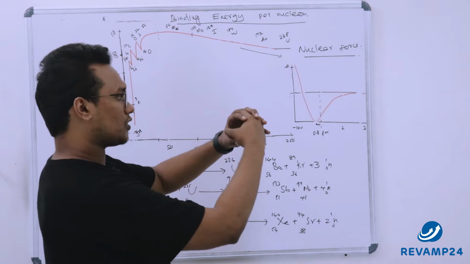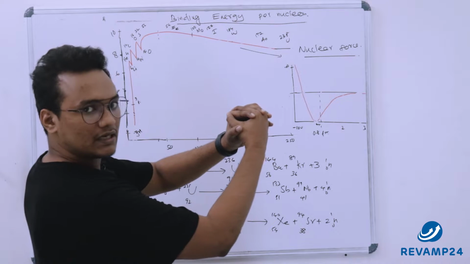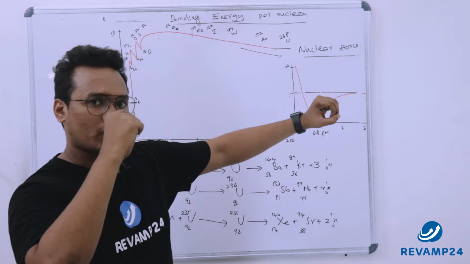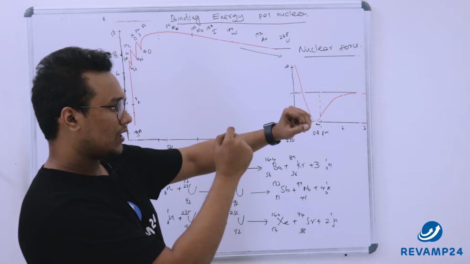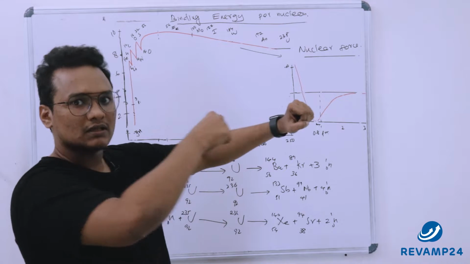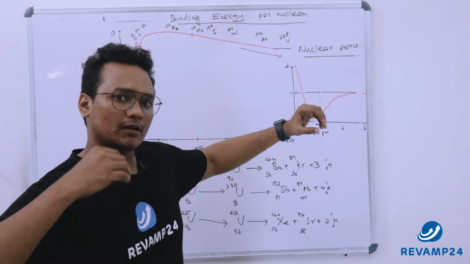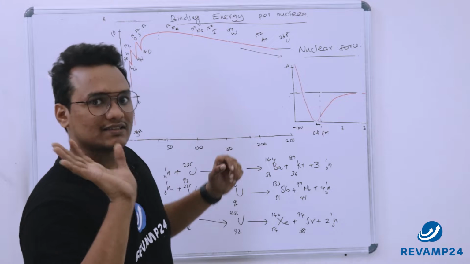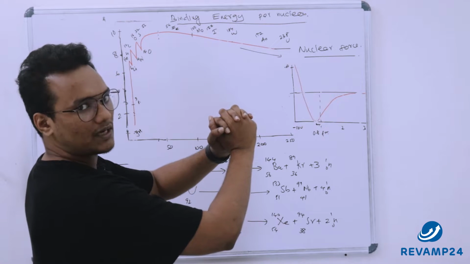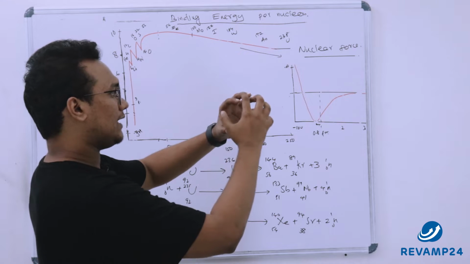Uranium-238 is positively charged. If I throw a proton towards it, this positive and this positive charge will have a repulsive force, and the proton will come back. But a neutron has no charge, so this chargeless particle at high velocity will enter the nucleus.